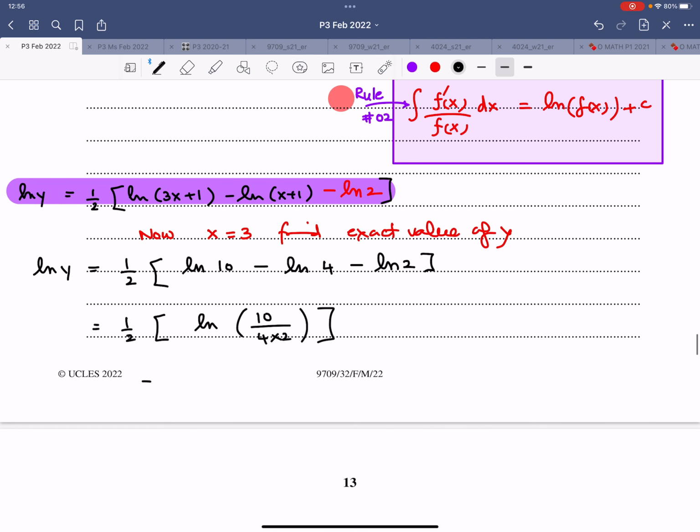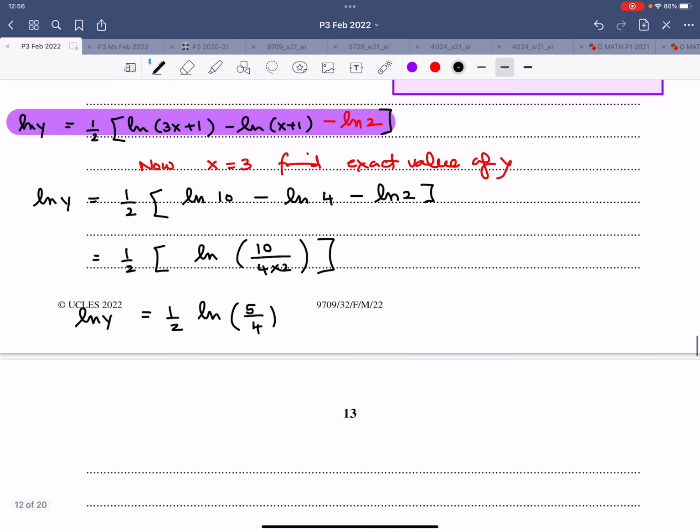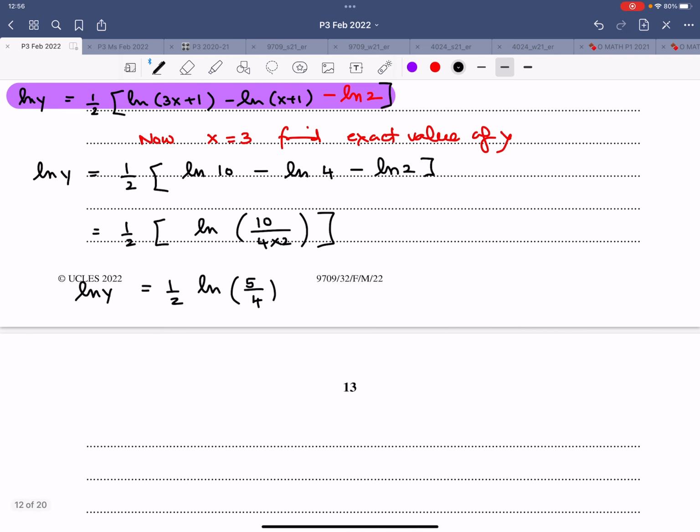So this is half ln 10 over 8, which comes out to be 5 over 4. So that is the value for this one. This is equal to ln of y. Therefore, one more step: ln of y is ln of 5 over 4 raised to the power of half.